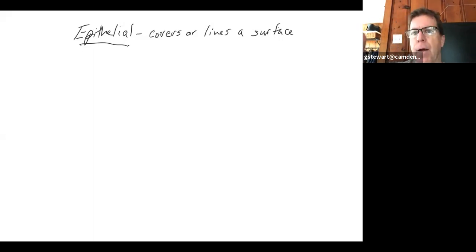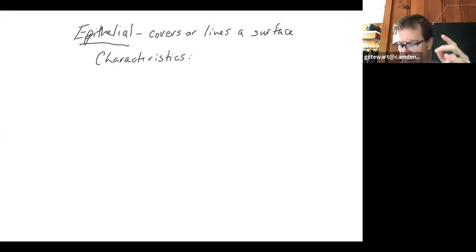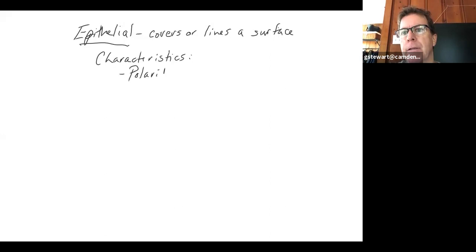So now I'm just going to give general characteristics of all epithelial tissues, and then we'll get into specific types. The first one is polarity. These are straight from your book, but I'm going to just briefly explain what these words mean. Polarity just means that the environment on one side of the tissue is different from the environment on the other. That's what polarity refers to.